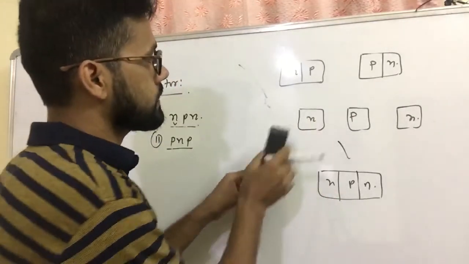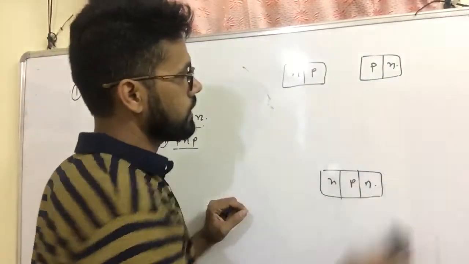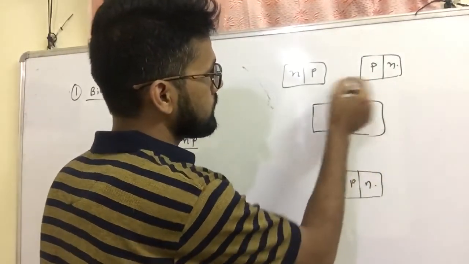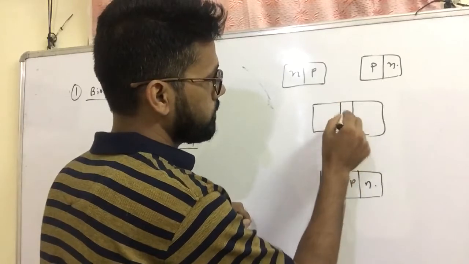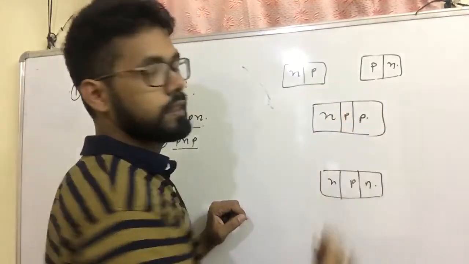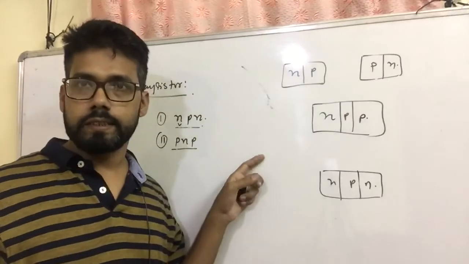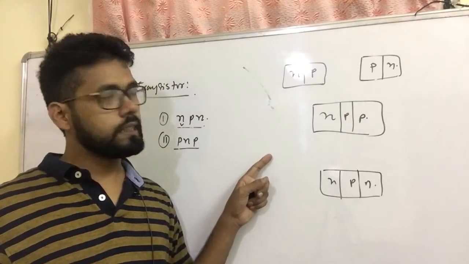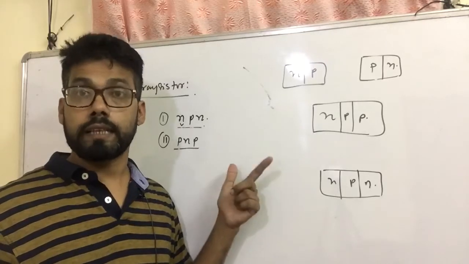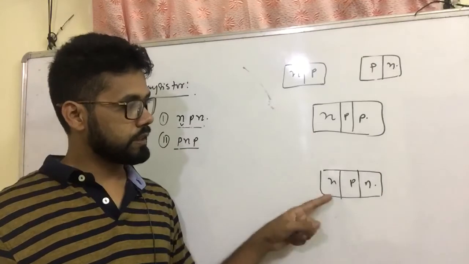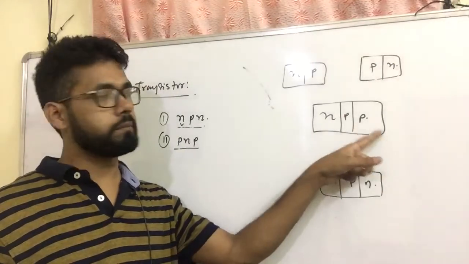P is common, so we write only one P here, with N on both sides: N, P, N. So what we can understand is that a transistor is a combination of three semiconductors, or a combination of two back-to-back diodes. This is the NPN and PNP transistor.